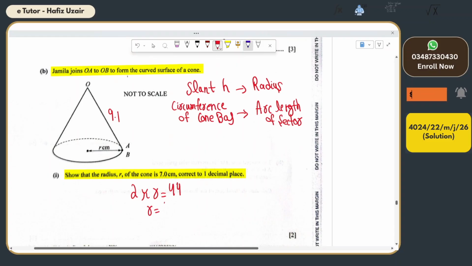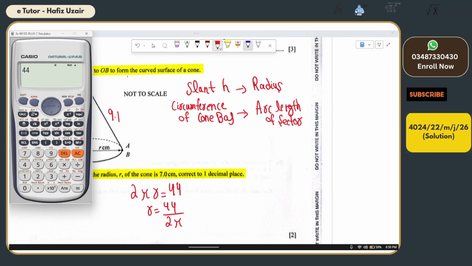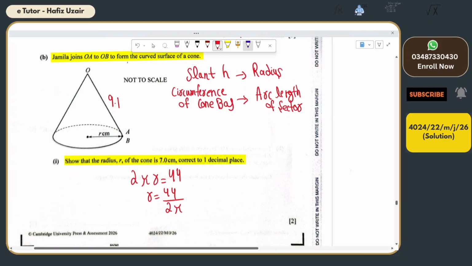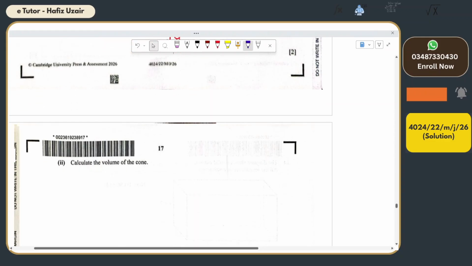So r will be equal to 44 divided by 2 pi, and if we do it on the calculator, this comes out to 7.00. So we can say it's 7.0, and it's already given over here. So that means our answer is correct.